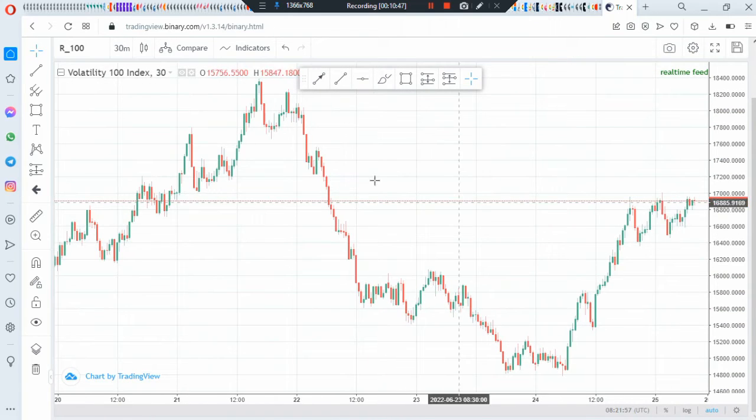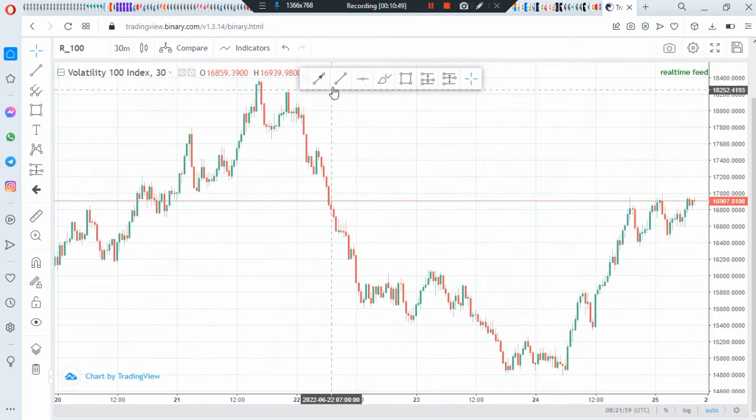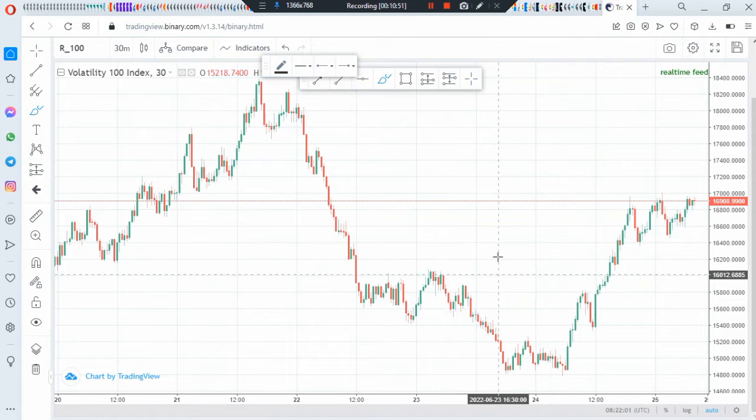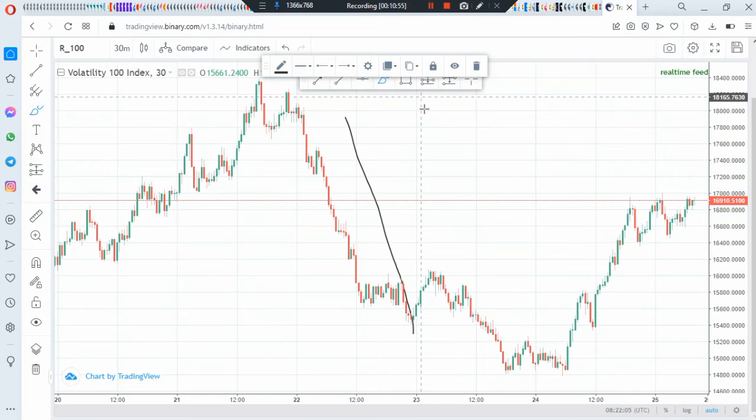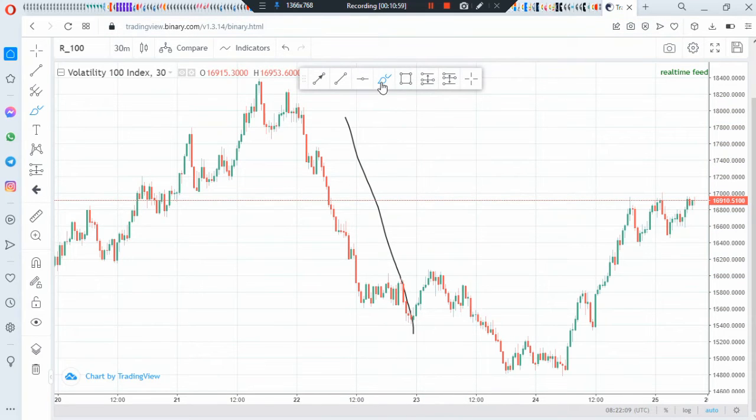Okay, so let me just show you something here. What am I saying on this trade? Let me say you have a downtrend coming like this. Let me just make it clear.